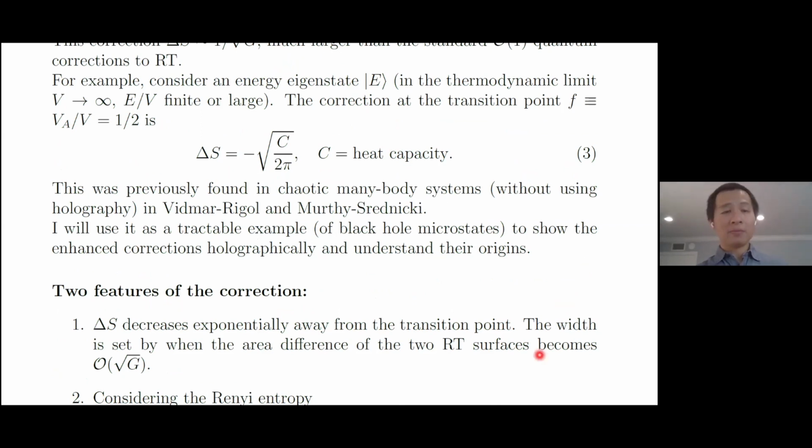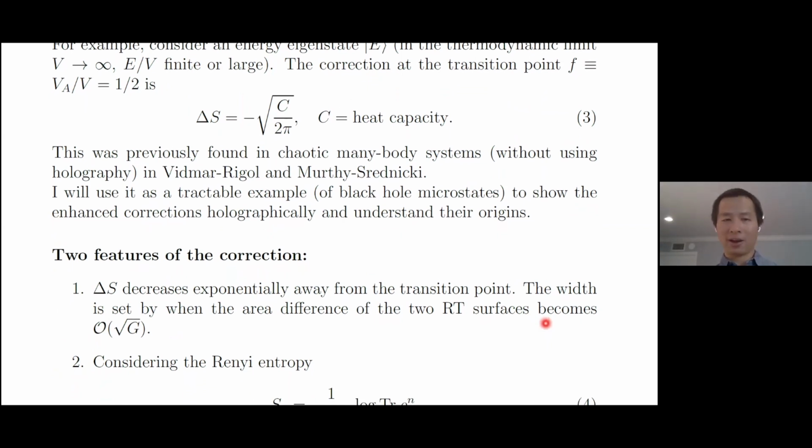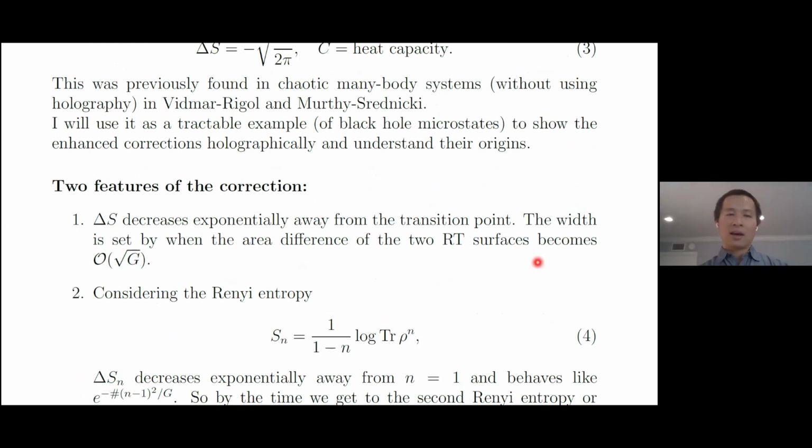But before saying more about how to understand these corrections, let me point out two features of this correction. The first feature is that this delta S decreases exponentially if we go away from the transition point. So if we ask how large is the width of this exponential decrease, it is set by when the area difference between the two competing RT surfaces becomes of order square root of G. So it's a fairly small region.